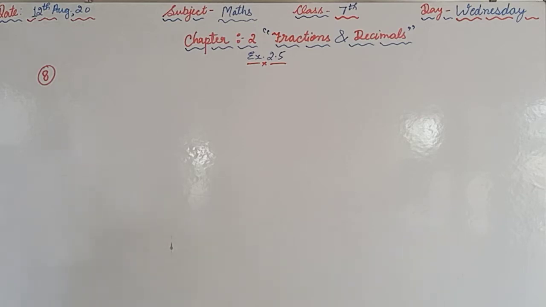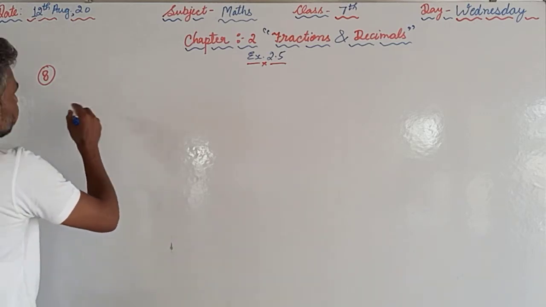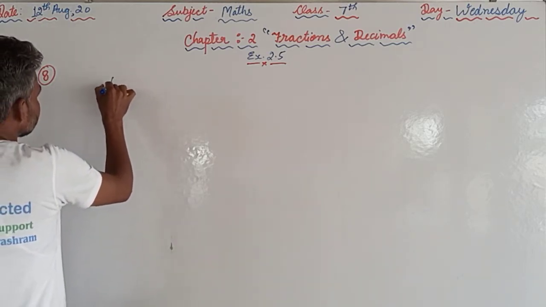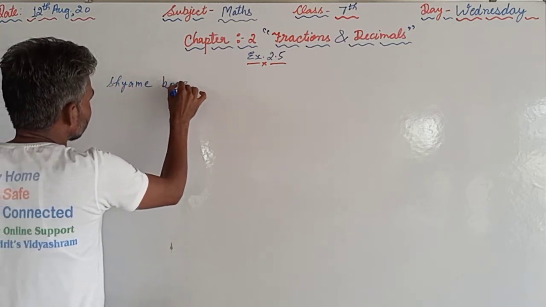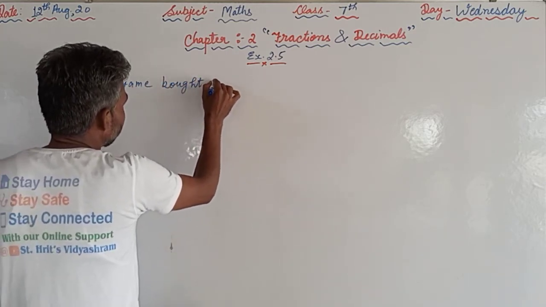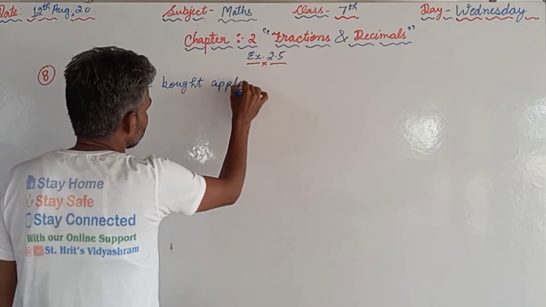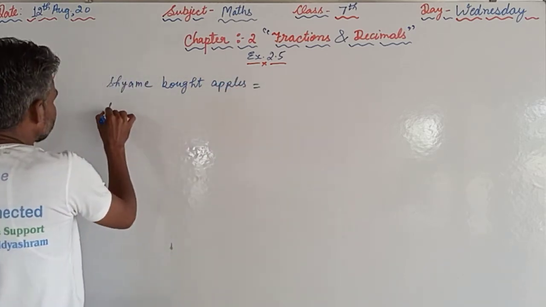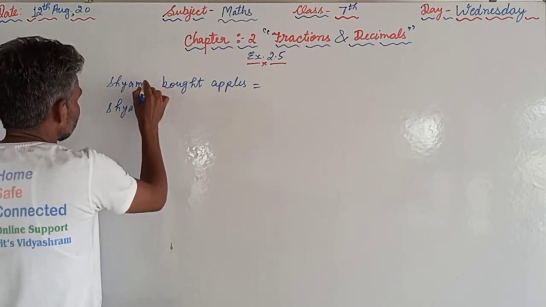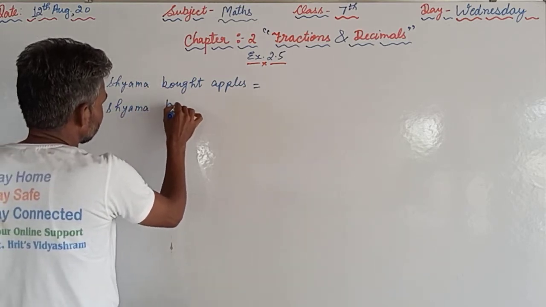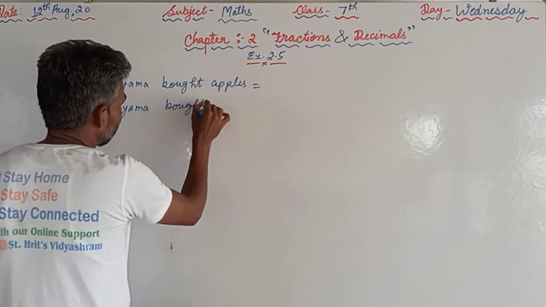So Shyama bought apples and Shyama bought mangoes.